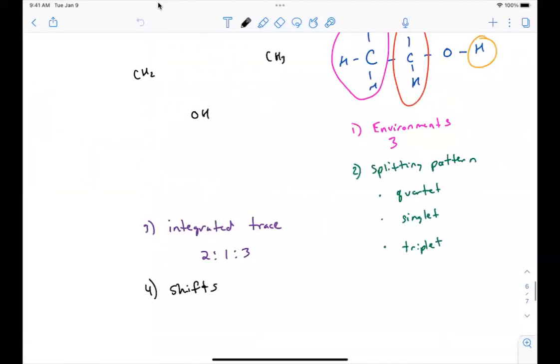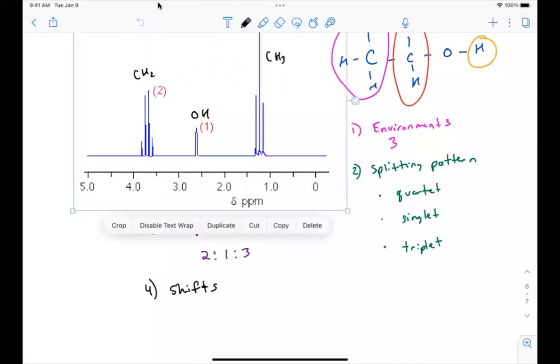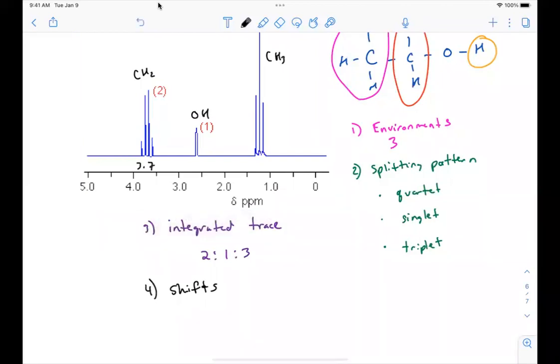Actually, wait, is that? Yeah. Sorry, I thought the hydroxyl group was further down. So 3.3 to 3.7. So that's right. They all match up with the right structures in here.